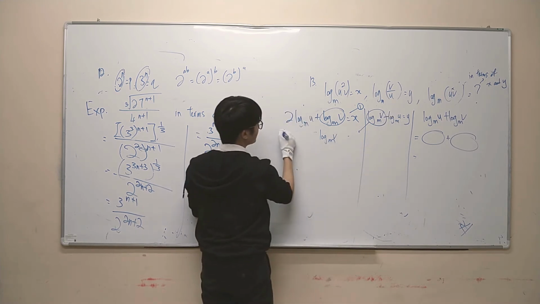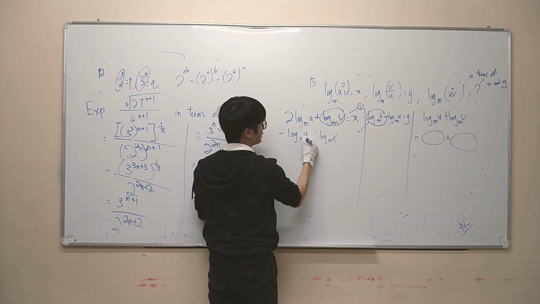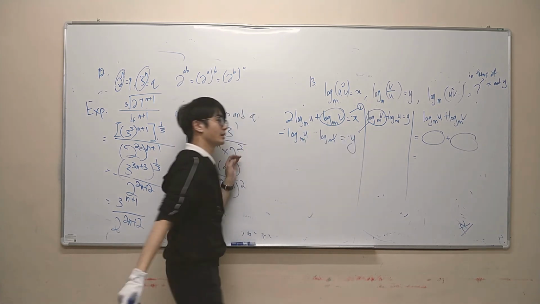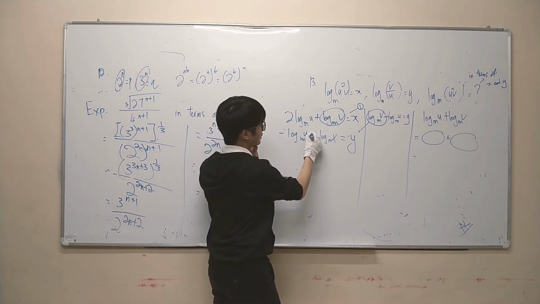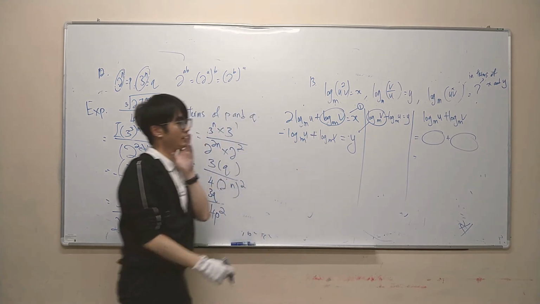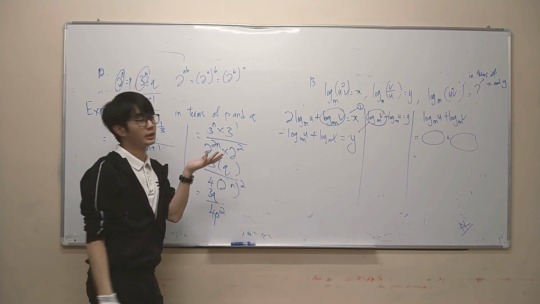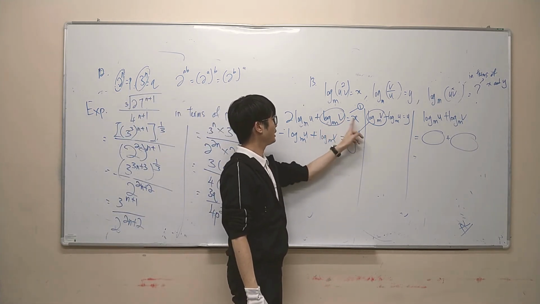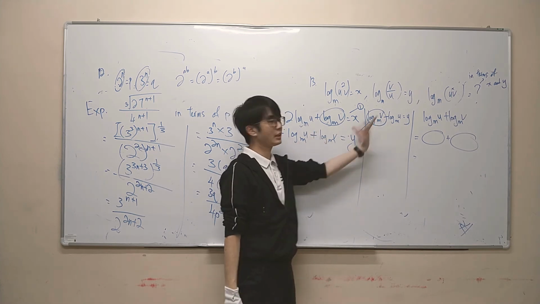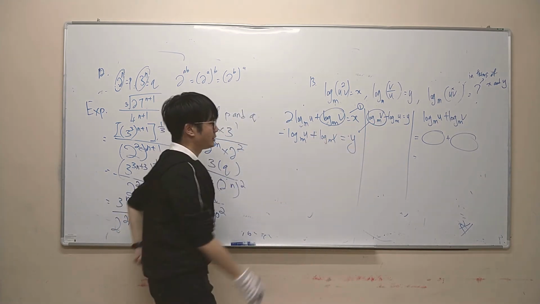Minus. And the minus I will put in front, and then it goes to y. Here is plus. Actually, you can use substitution also. If you use substitution, how? You can find log v here, log v equals x minus log u base n, and then substitute here. Can also. So I use elimination.